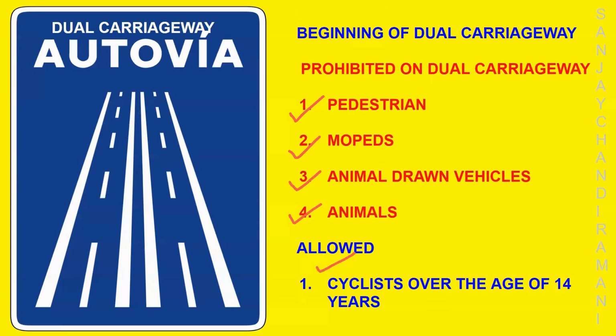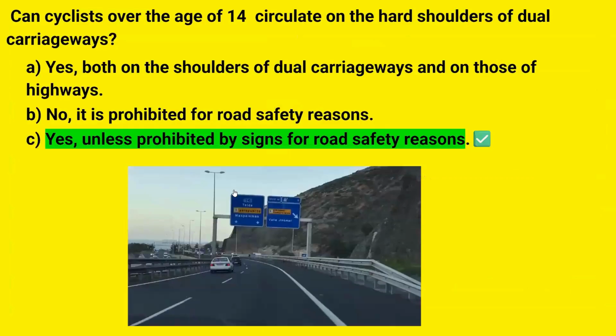Cyclists are allowed if there is no sign of prohibition. So in this question, option C is correct. Yes, unless prohibited by signs for road safety reasons. So remember this: on highways, they are strictly prohibited, but on dual carriageways, they are allowed over the age of 14 years.